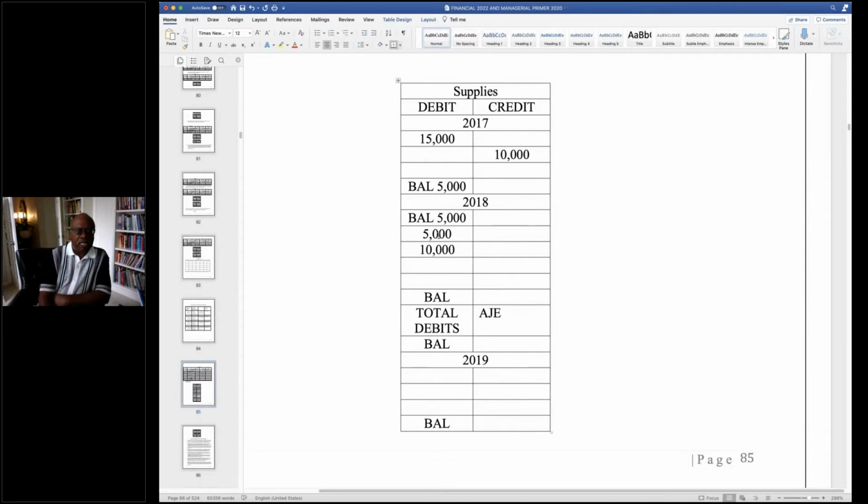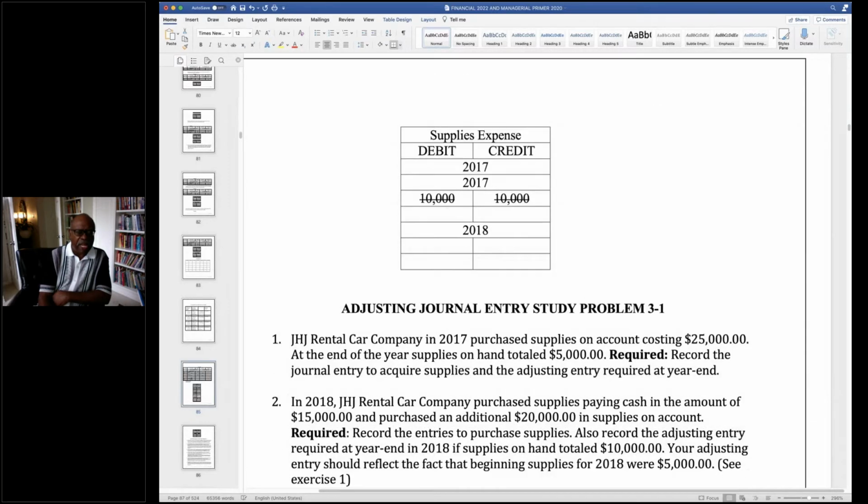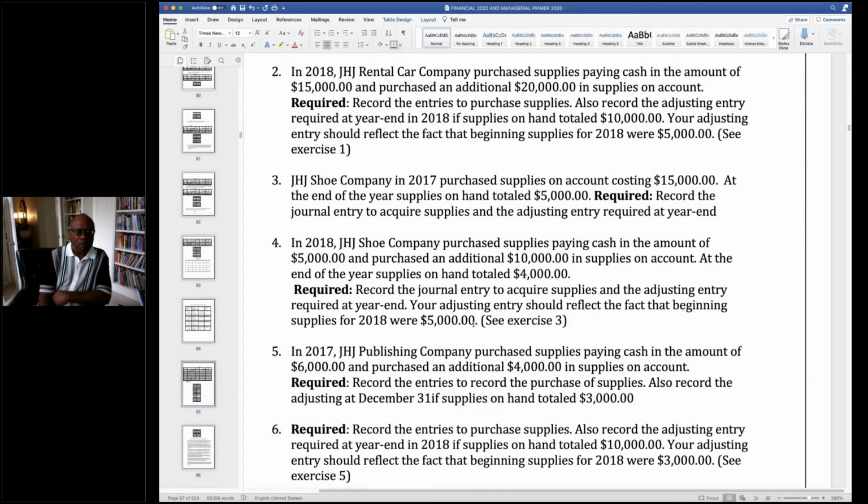So that's going to tell us at this point how much is in the account. 20,000. So there's 20,000 in the account at this point. And it tells us on hand we have what? 10,000. I mean, wait.